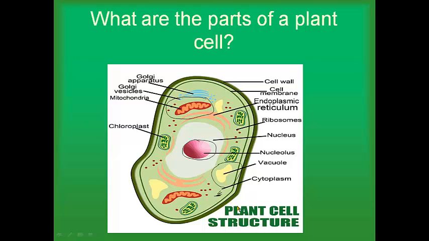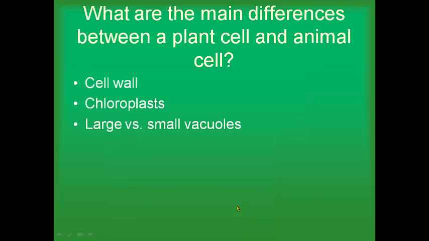So you need to remember this one, write this one down. How are they different? Well, plant cells have a cell wall. The cell wall basically gives the plant structure and it protects the cells for the plant. If you think about it, plants don't have bones, they don't have exoskeletons, they don't have anything really to protect them except for their cells. So the cell has a cell wall that goes around it to help protect the plant and to give it structure, to help it stand up and keep it safe.